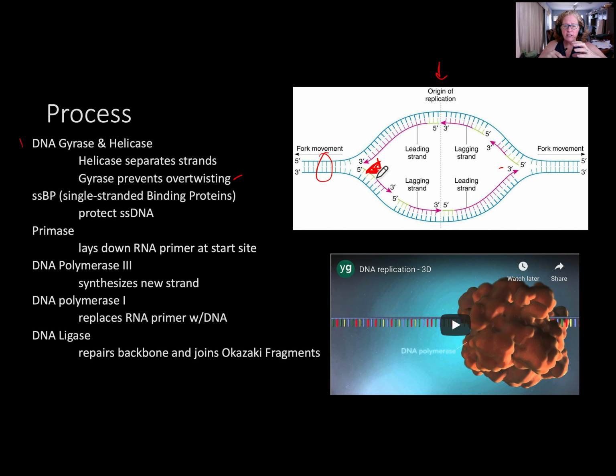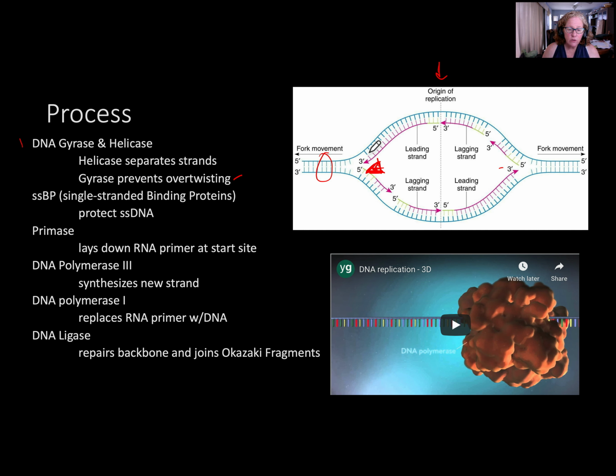So DNA gyrase comes in and relaxes the DNA and allows it to untwist while helicase is pushing up against it. It's releasing torque or torsion on the DNA. This is important because if we twist it too much, the DNA will eventually break and we won't be able to complete the replication process.